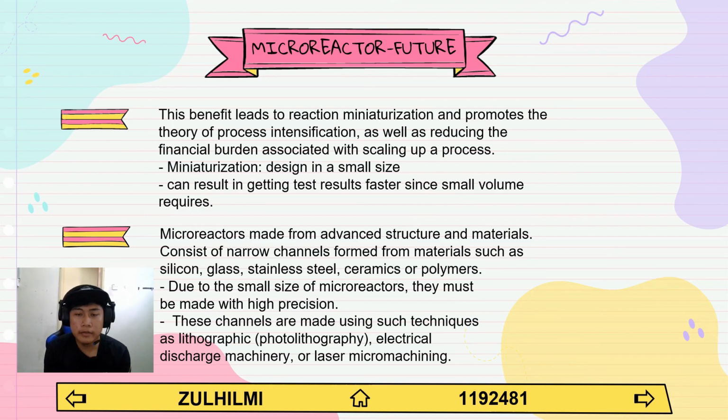Microreactors made from advanced structure and materials consist of narrow channels formed from materials such as silicon, glass, stainless steel, ceramic, or polymers. Due to the small size of microreactors, they must be made with high precision. These channels are made using such techniques as lithography, electrical discharge machinery, or laser micromachining.